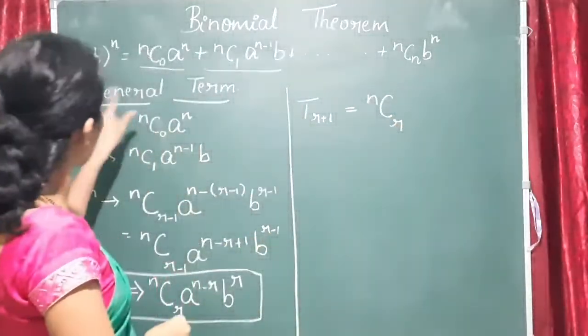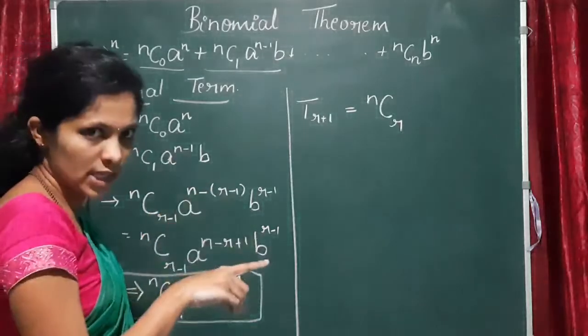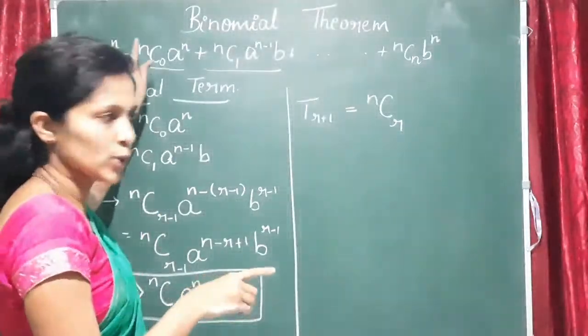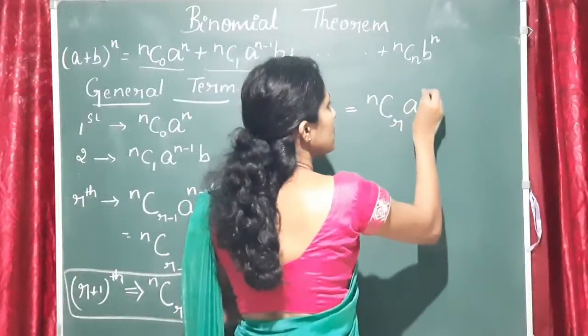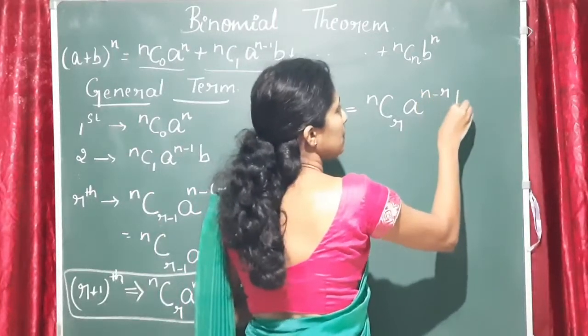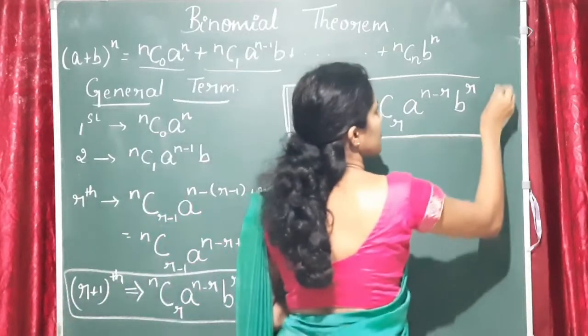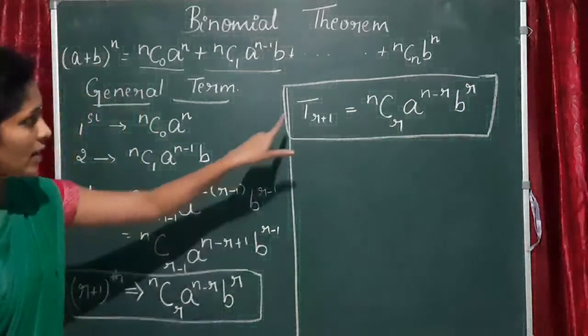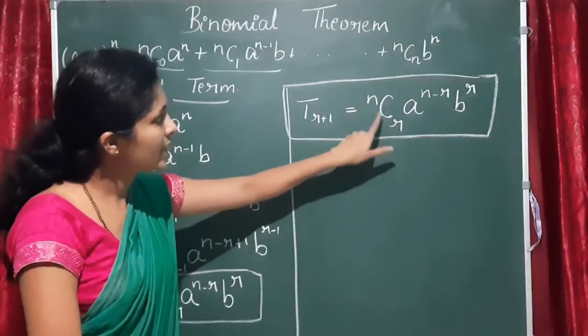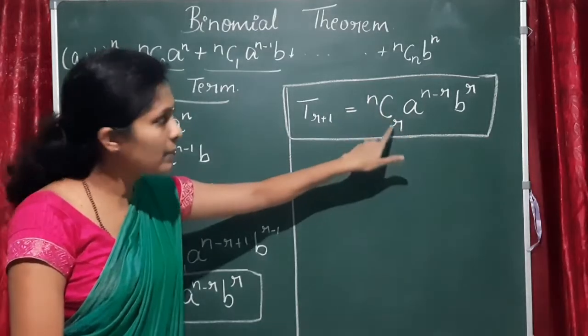In the expansion of, this is very important, you have to see which expansion, (a plus b) whole to the power n, a to the power n minus r, b to the power r. So this is called the general term. Is it clear? T(r plus 1) is equal to nCr a to the power n minus r and b to the power r.